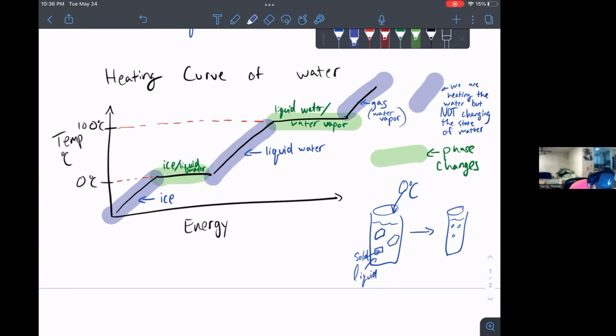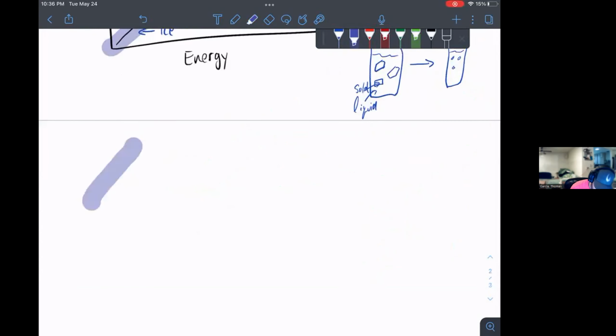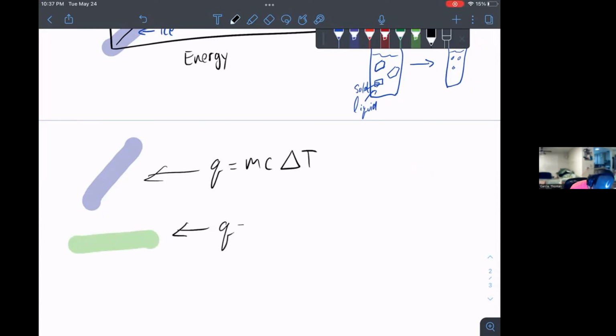In our diagonal portions of the graph, we're going to be using an equation, Q equals mc delta T. And in our horizontal portions of the graph, we're going to be using an equation that's Q equals m delta H. Now, this first equation just says it's mass times heat capacity, which we'll talk about, times the change in temperature.